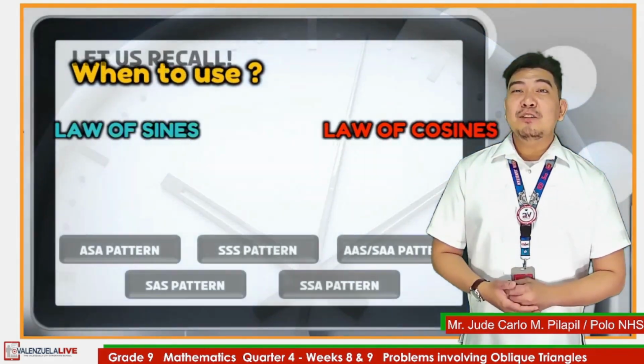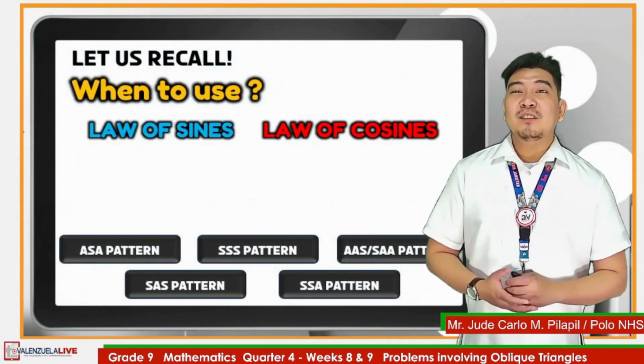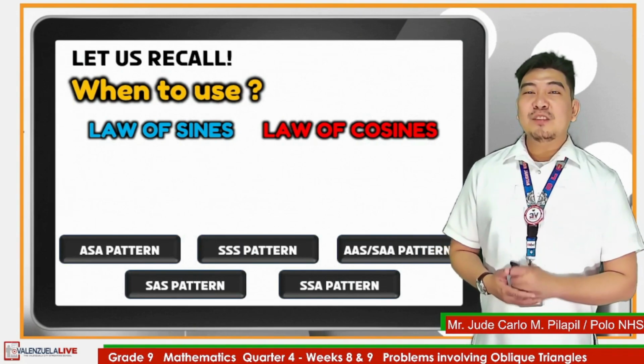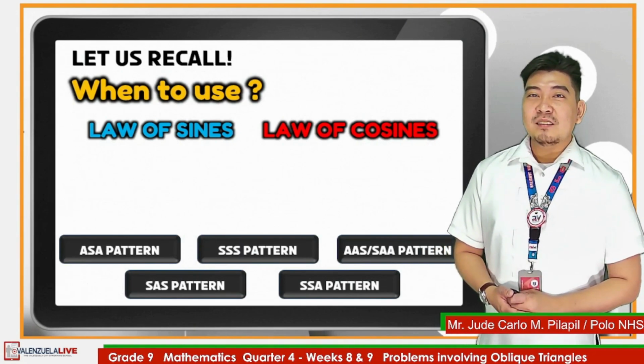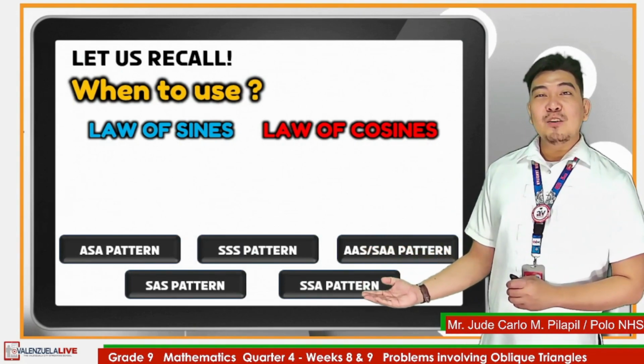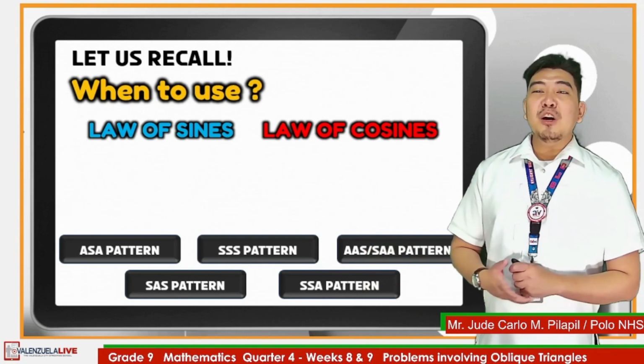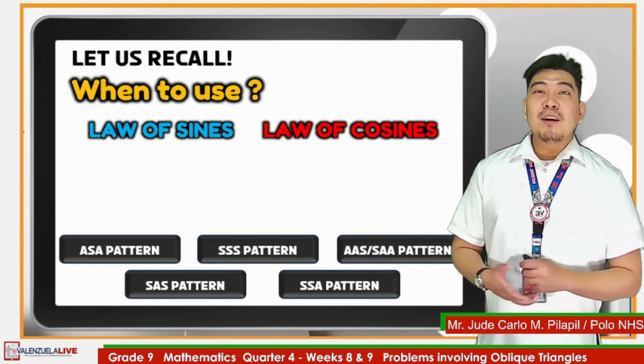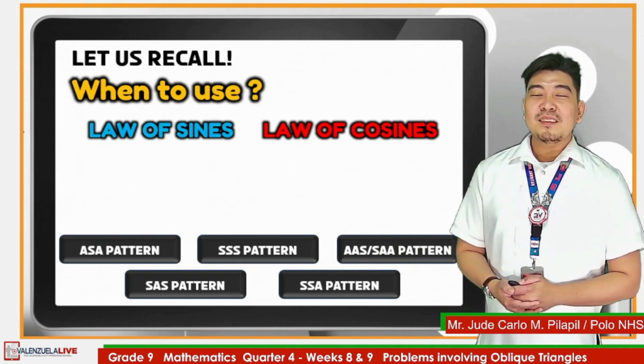Before we proceed to the topic that will be discussed for today, let us recall when to use law of sines and law of cosines. Which of the following patterns can be used in solving oblique triangles using the law of sines? How about the law of cosines?